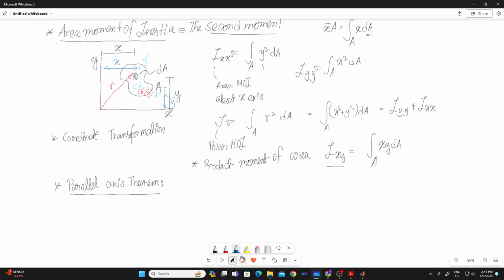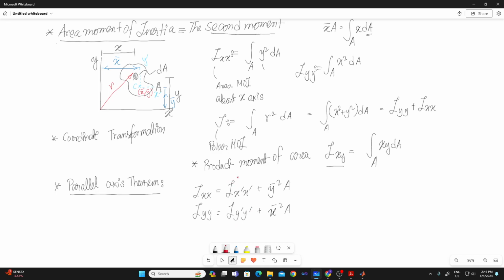Okay, then the parallel axis theorem tells you that I x is I x prime plus y bar squared times A, and similarly I y equals I y prime plus x bar squared times A. So these are the moments of inertia with respect to the centroidal coordinate system.